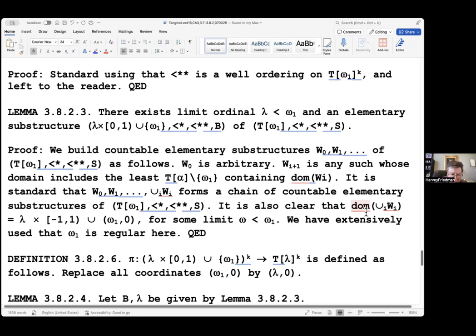In other words, omega 1 comma zero is still around. It's just that the other stuff lower down is smoothed out now, and doesn't have gaps. That's what we're talking about.